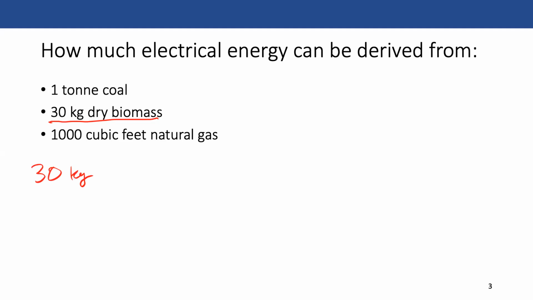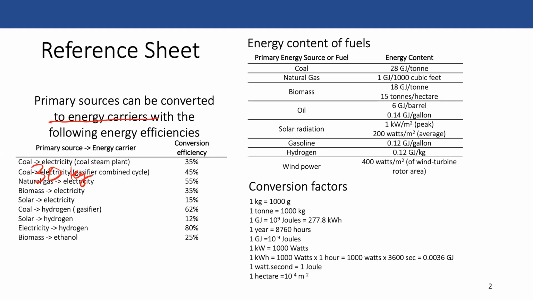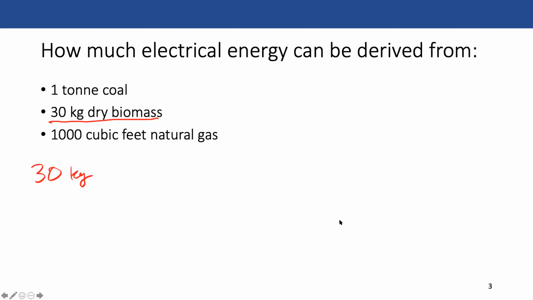If I go back to the reference sheet, I can see the energy content is in gigajoules per ton, which I'll need to keep in mind. So I need to translate my kilograms into tons. And then, since electricity is always in kilowatt hours or megawatt hours, I need to use this conversion down here: 1 gigajoule equals 277.8 kilowatt hours, to get it into the same units.